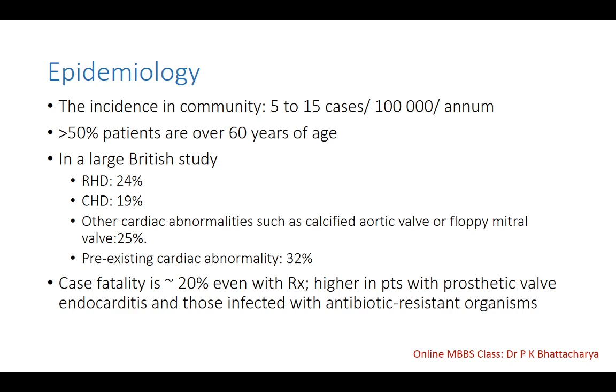So these are almost equally divided between the different types of diseases, either rheumatic, congenital, or a structural or pre-existing cardiac abnormality. The case fatality is about 20% even with treatment, and it is higher in patients with prosthetic valve endocarditis and those infected with antibiotic-resistant organisms.